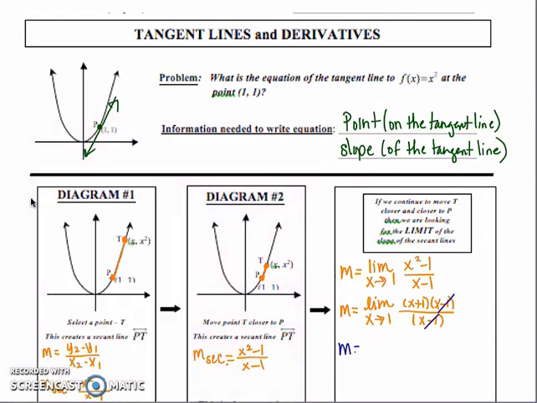So we end up with m equals the limit as x approaches 1 of x plus 1. And when we plug 1 in, we get 1 plus 1. So that tells us that the limit as x approaches 1 of x plus 1 is 2, which means that the slope of our tangent line is 2.